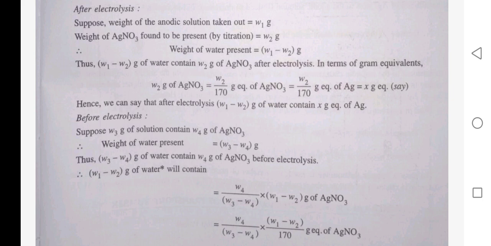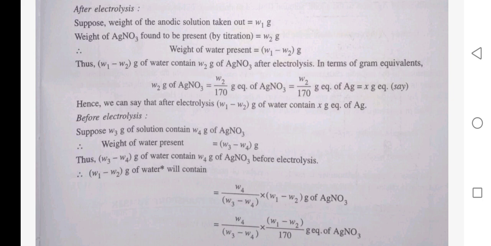Before electrolysis, W3 gram of solution contains W4 gram of AgNO3. Weight of water present is W3 minus W4 gram. So W3 minus W4 gram of water contains W4 gram of AgNO3 before electrolysis.